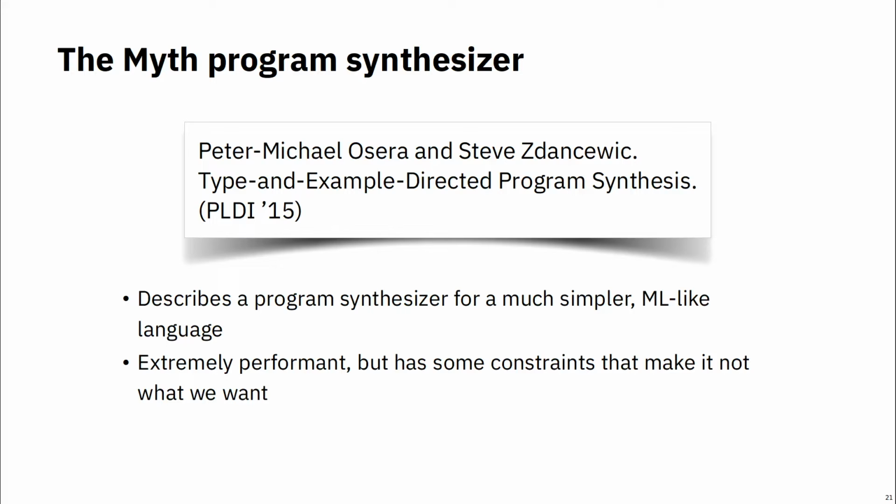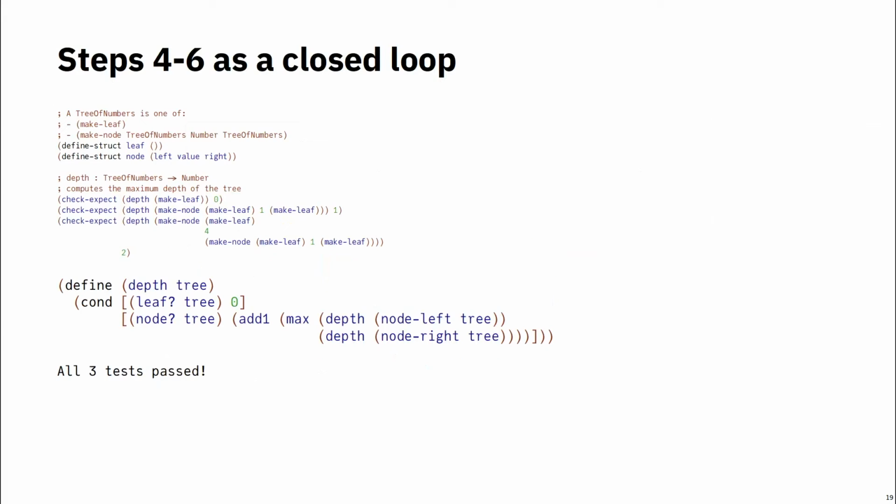Yeah? I'm just wondering, in the example, could it have synthesized a function that doesn't recur? Yes. It could have hypothetically synthesized a function that doesn't recur. This is the smallest example for these inputs, but let's say you were to delete this test, and you just said, oh, it's this if it's leaf, it's this if it's node.